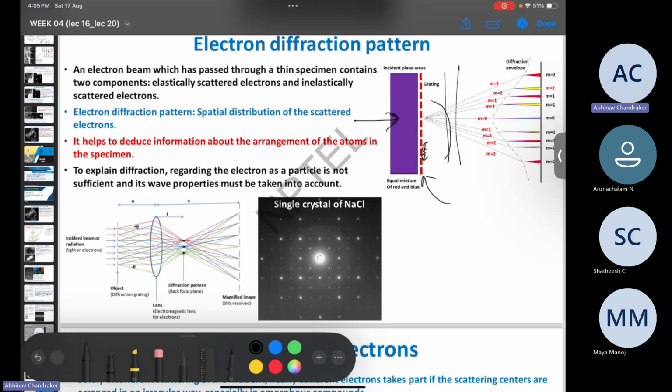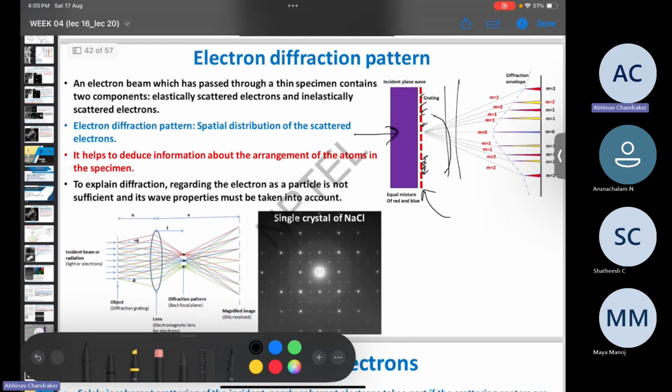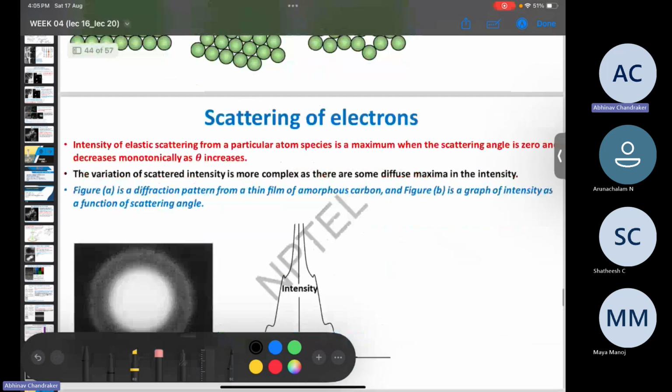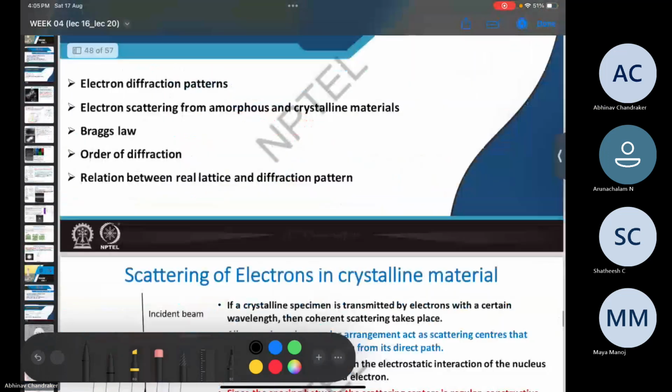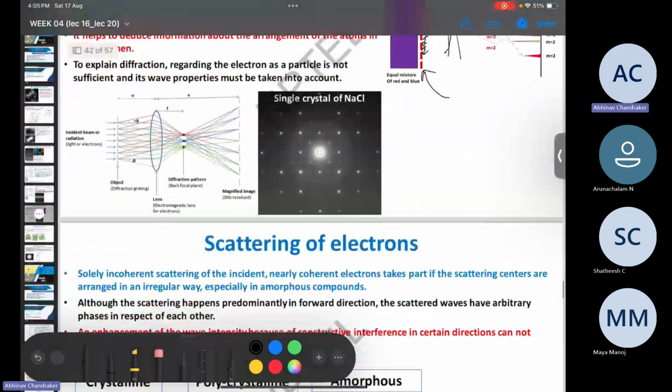The waves coming out of the slits will interact with each other, and because of the interaction of all these different outgoing waves, there will be a phenomenon of interference, and you'll be able to form a diffraction pattern. I think it is talked about more clearly in the coming slides. So let's go there.